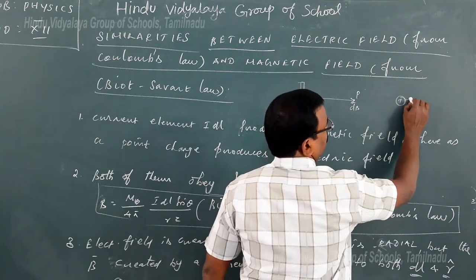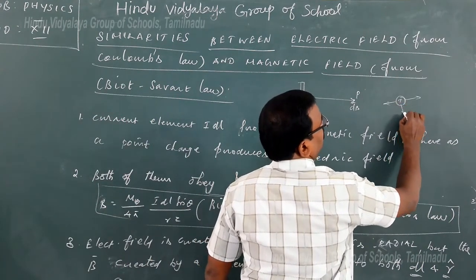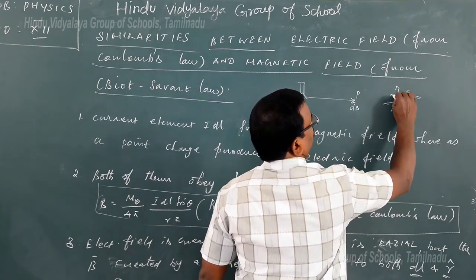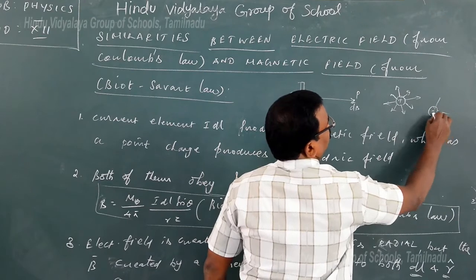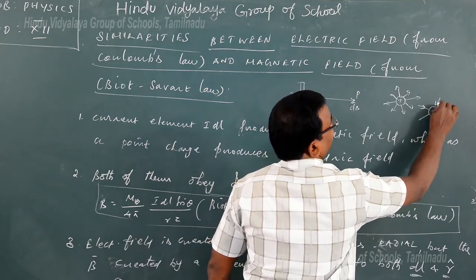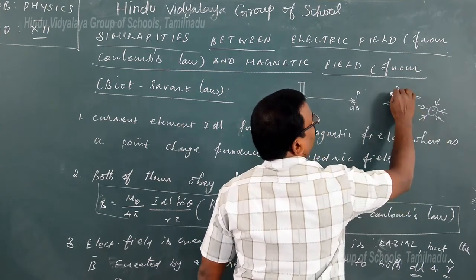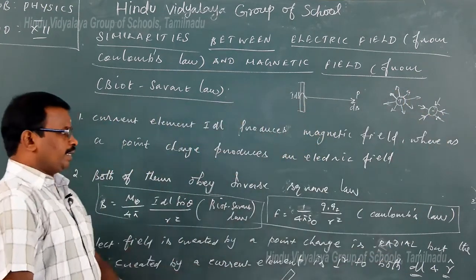If the charge is positive, the electric lines of force come out radially outwards. If the charge is negative, the electric lines of force move toward the charge radially inwards.